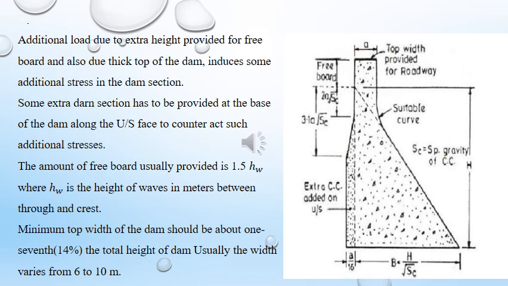Then the total height comes out as the depth of water plus freeboard. The top width is provided as 14% of the total height of the dam, or it may be provided as 6 to 10 meter.